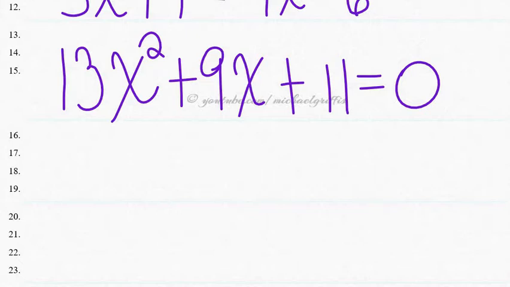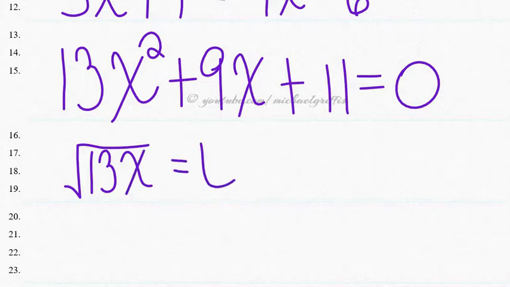This particular equation is known as a quadratic equation, and it's written in standard form. A quadratic equation. Let's take a look at another one. That's an equation. Notice the 13x is under the radical.